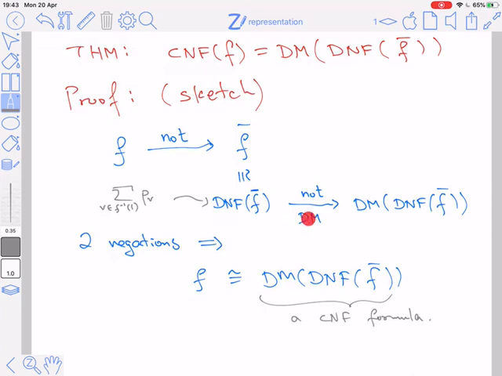Now we know that the DeMorgan dual replaces the formula with a formula which is logically equivalent to its negation, so it's like applying a not. So we get here the DeMorgan dual of the DNF of the negation of f. Now we have two negations here. This is the first negation, this is the second negation. So if we have two negations, it means that f is represented by this formula, and that completes the proof. And this formula is in fact a CNF formula because it's a DeMorgan dual of a DNF formula. Okay, good.